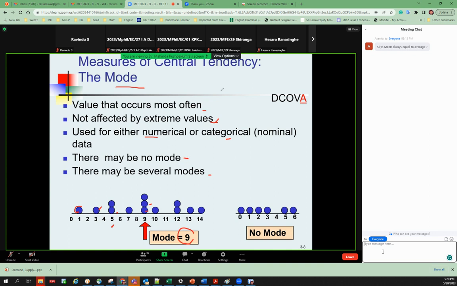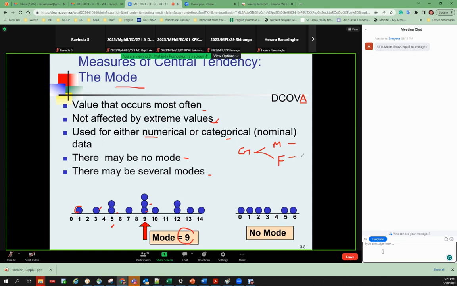Then how can we use the mode for categorical data? Again, in this class we have 40 students. If we consider gender as a nominal categorical variable, we have male and female. We can find how many males are in this class and how many females.